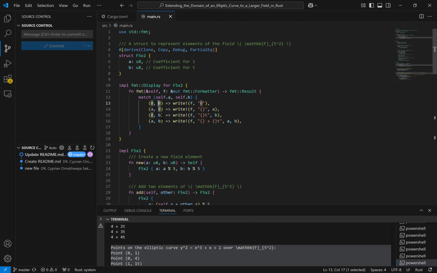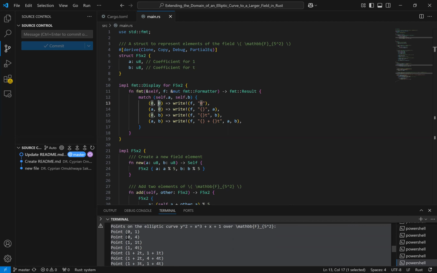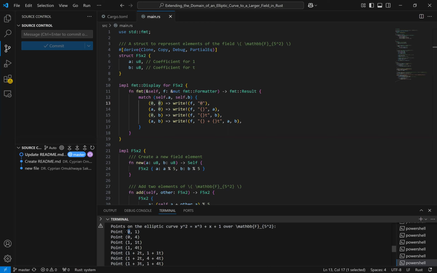It's coming from the field mod 5, so it's an element of mod 5. It could be 0, 1, 2, 3, or 4. That's why you can see, when you look at these points, this is the x value, an element of mod 5. This is another one, mod 5. This one, another one, mod 5. So the x values, all of them are mod 5 elements.